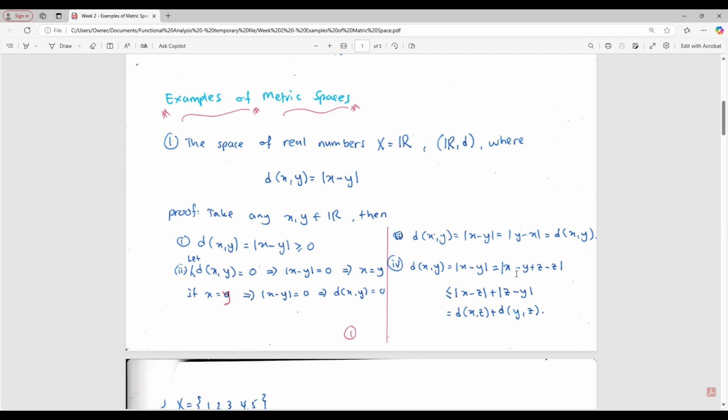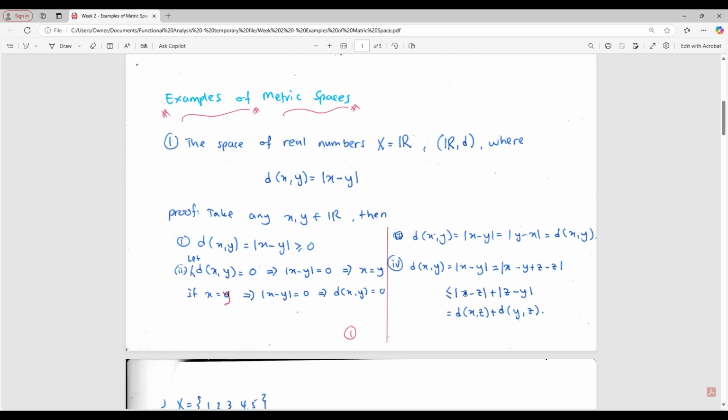So here we are going to rearrange in such a way: x minus z plus z minus y. Because we are dealing with real numbers, we know that the real numbers satisfy the triangle inequality from here to here, based on what we already learned previously.